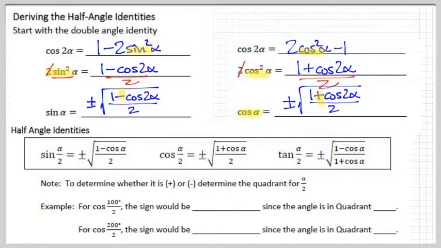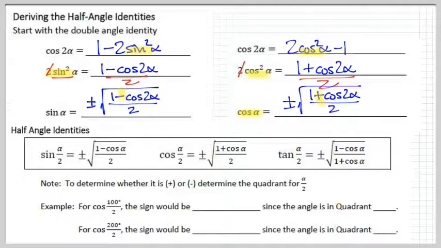What it means is we have to figure out which one to use. Sometimes we need to put a positive sign in front of this. Sometimes our answer must be negative. And it all really depends on what quadrant alpha over 2 is in, whether it's a sine or a cosine, whether we choose a positive or negative.